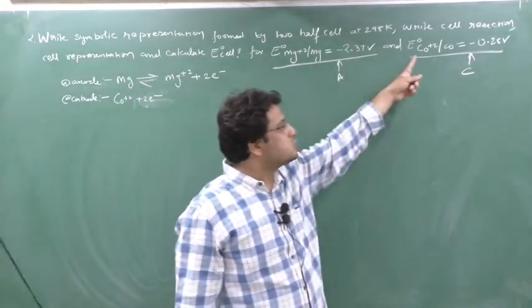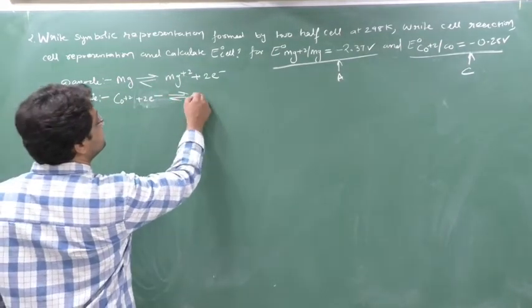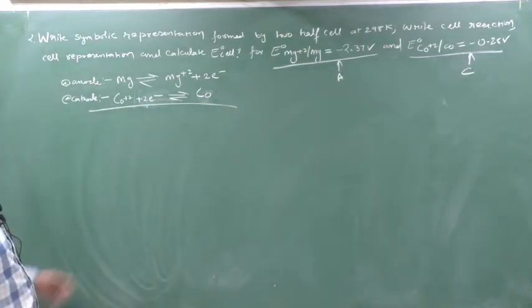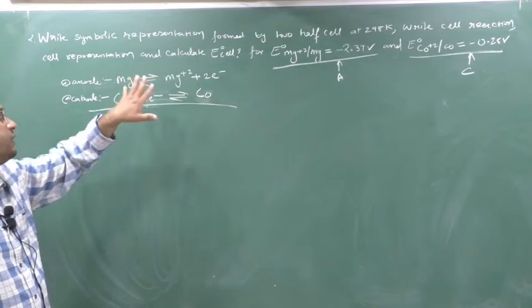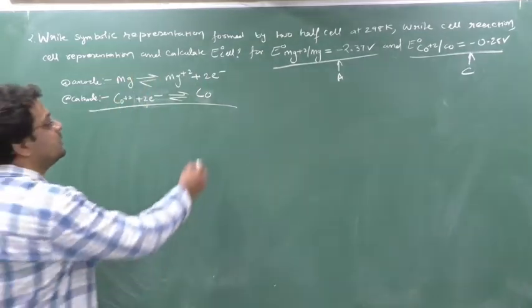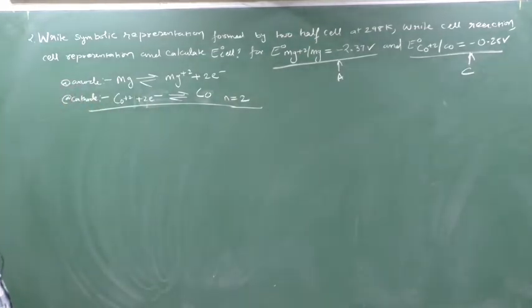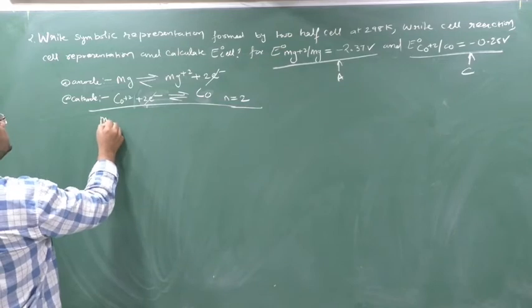But here Co plus 2 means it will gain 2 electron, so 2 electron will form Co. Clear? Need not multiply, because here also 2 electron, here also 2 electron. So net transfer of electron is 2. Here the 2 electron will get cancelled, and what is remaining is your cell reaction.